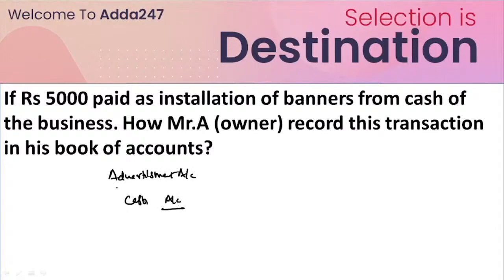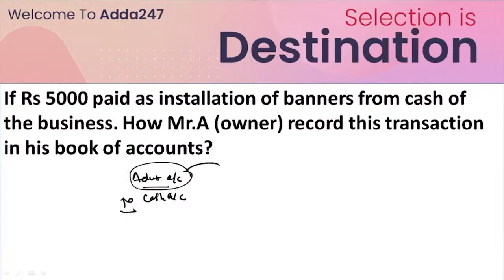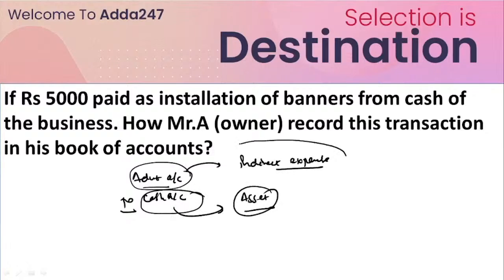Just write here "To cash". The advertisement account is a kind of your indirect expense, isn't it? And cash relates to your asset.